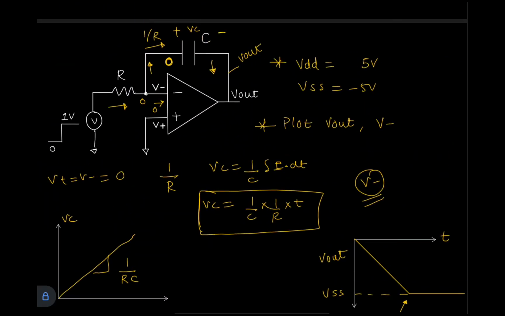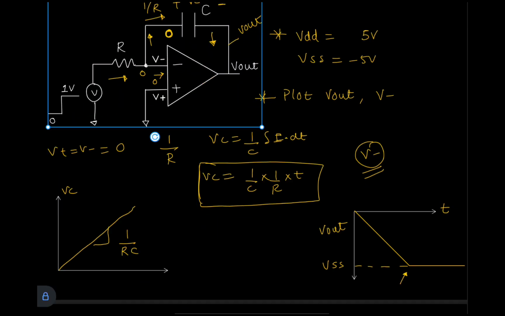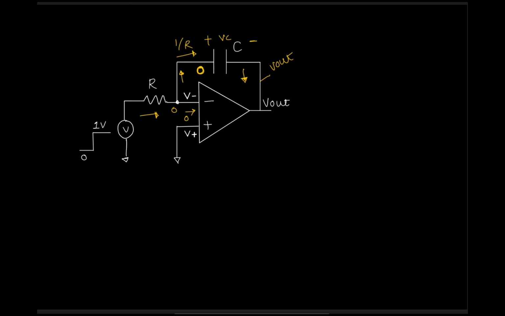Okay, I will just copy this circuit again. Okay, so now tell me, this voltage is being saturated to VSS.